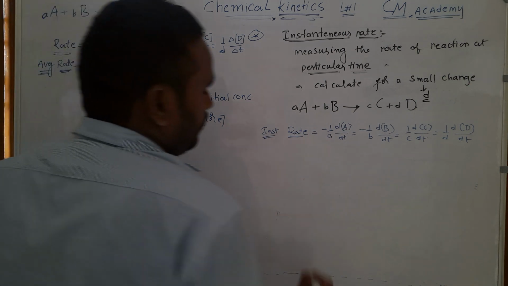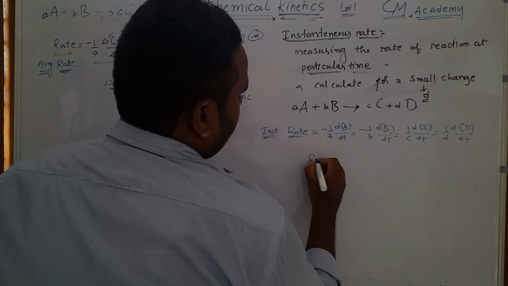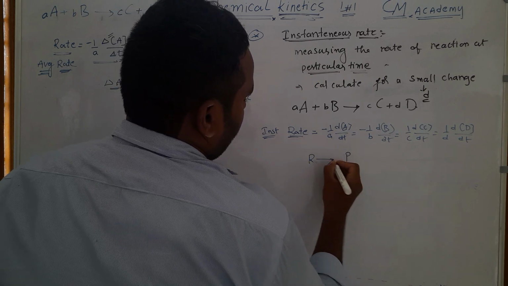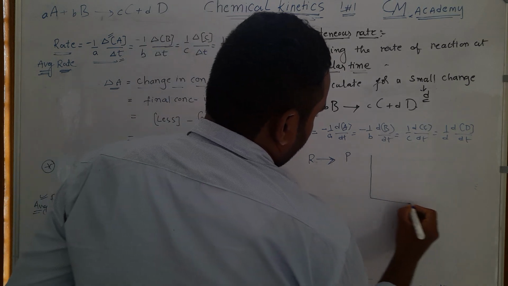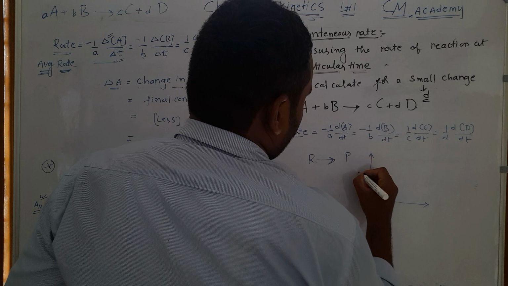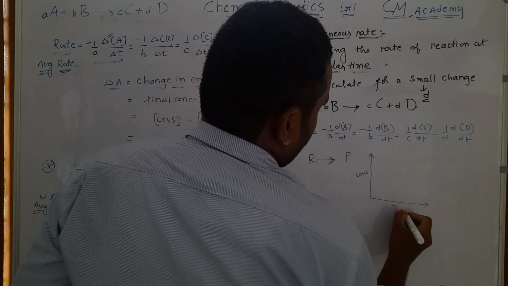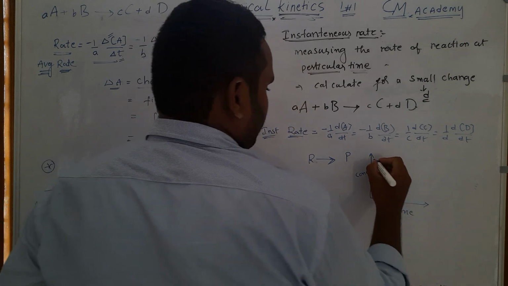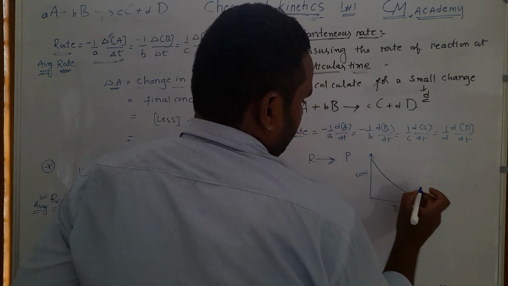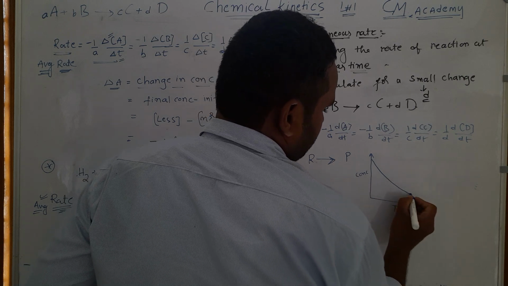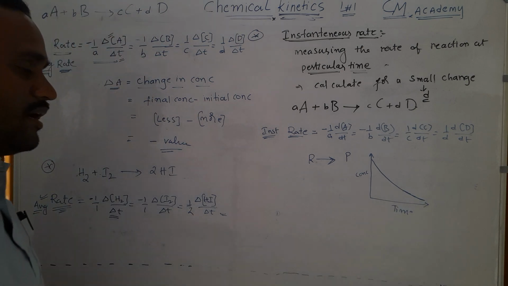So here, for example, the reactant is converting into product. We are going to draw a graph between concentration and time coordinates. We already know that as the reaction proceeds, the concentration decreases gradually.